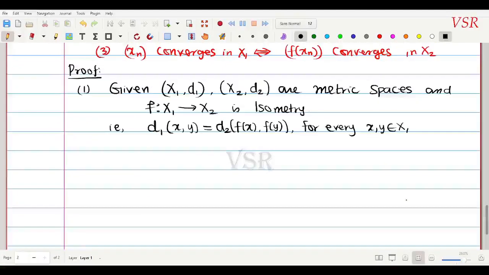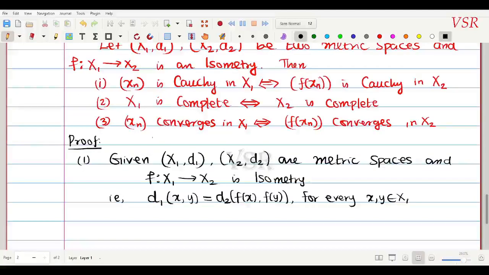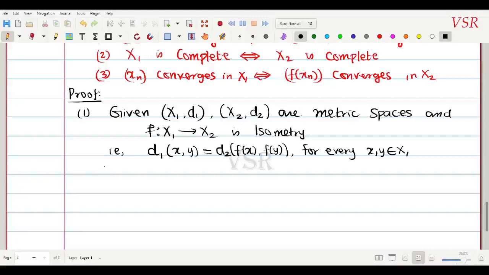Okay, அடுத்து என்ன ப்ரூவ் பண்ணோம்? Given xn is Cauchy in capital X1. அப்படின்னா என்ன அர்த்தம்?